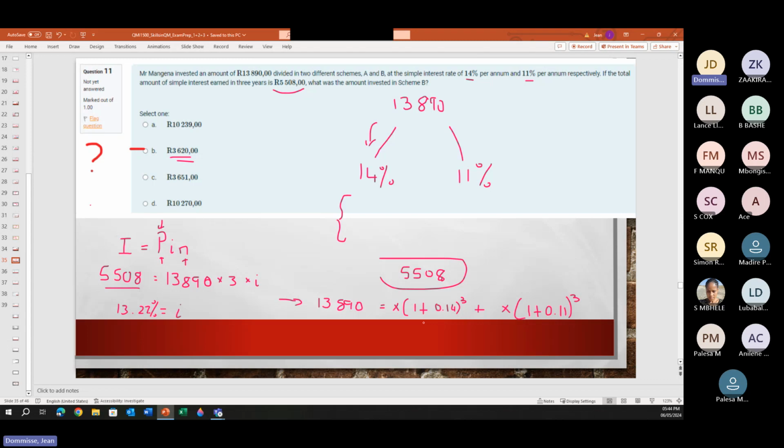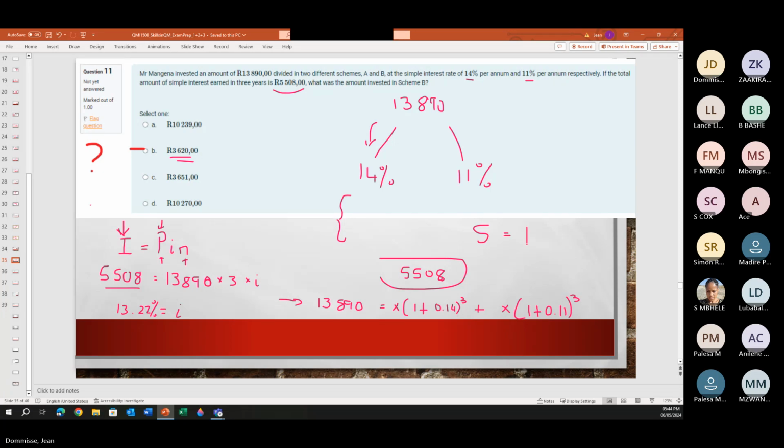Total amount of simple interest. Yeah, that amount of interest. Interest is also, if I look at, I'm just writing a few things down.